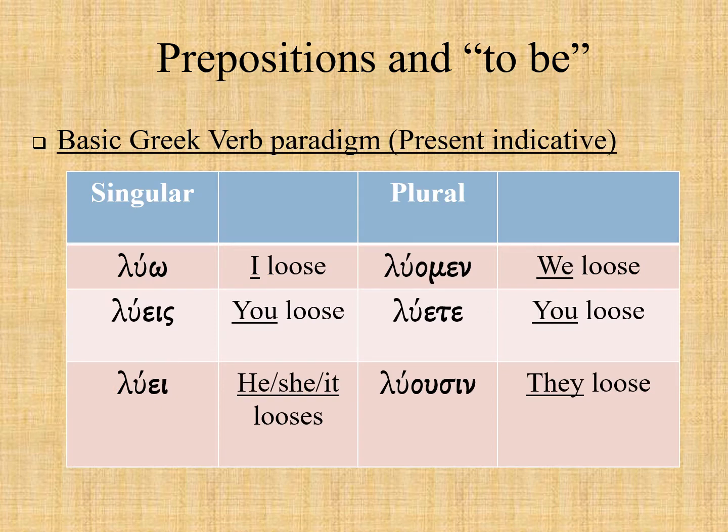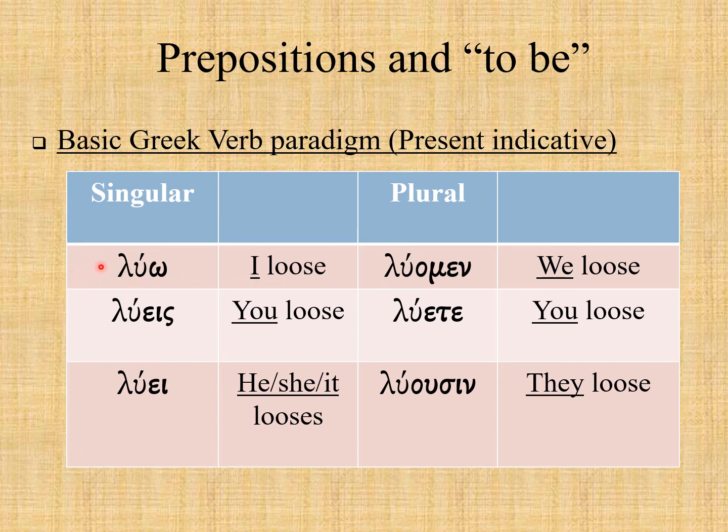Here I am just introducing the subject and the grammatical terms. Now you don't need to memorize this chart yet. It will be coming in a couple of weeks' time, but it's important to be aware of since we're looking also at the verb to be in the next slide or so. So here you can see the singular verb luo, I lose.